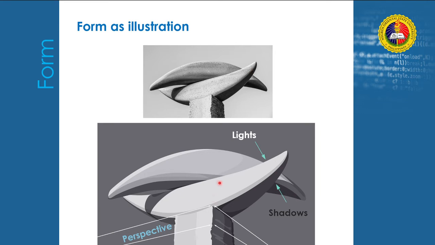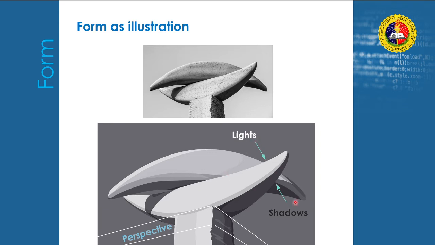However, the second one is just an illustration, right? It's a drawing. However, because of the light and dark areas, the shadow and light of the object, it gives us the illusion of depth, right? So although this is still a flat design, because of this light and shadows, our mind tells us that this is still a 3D image. So basically, this is a form.